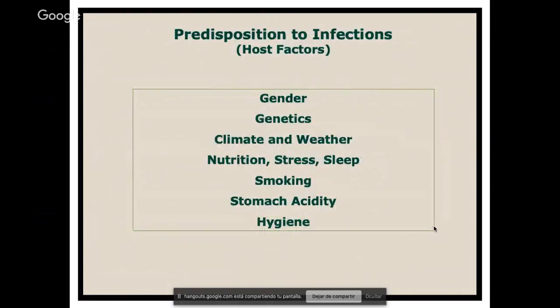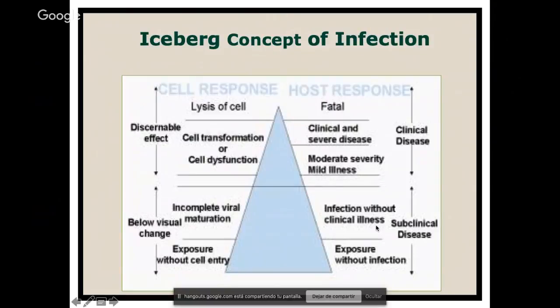For the predisposition to infections, we have the host factors that are gender, genetics, weather, nutrition, stress, sleep, smoking, stomach acidity, and hygiene. Also, it's important for you to know the iceberg concept of infection.